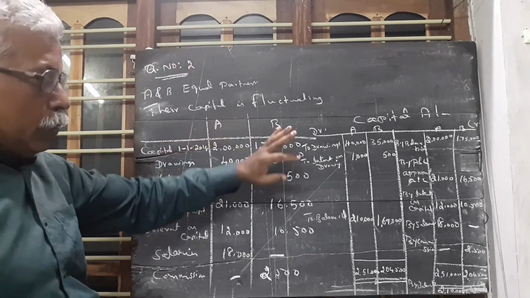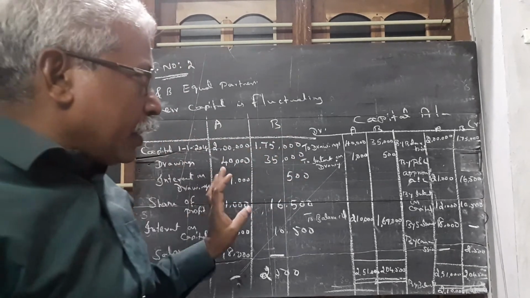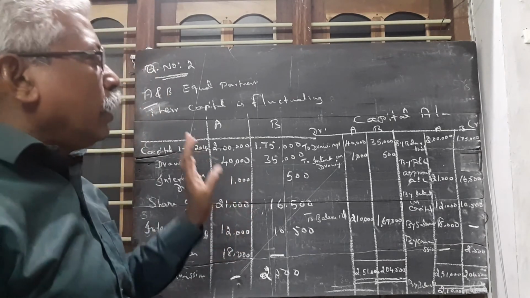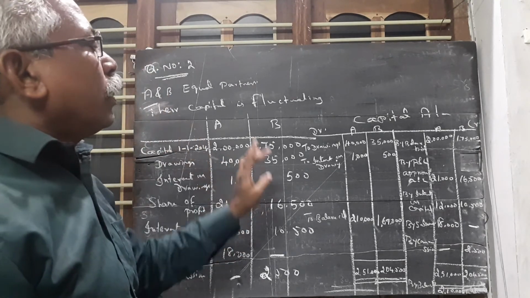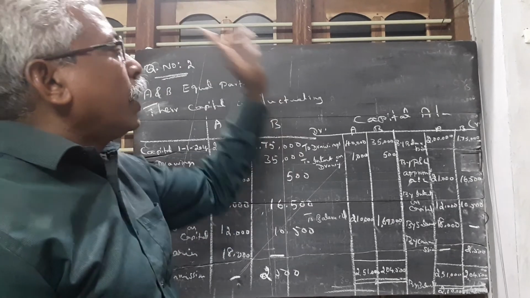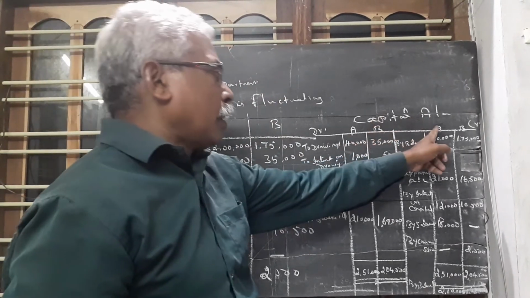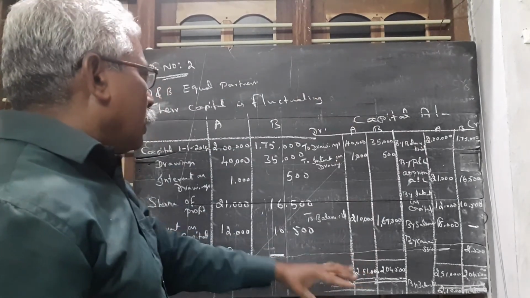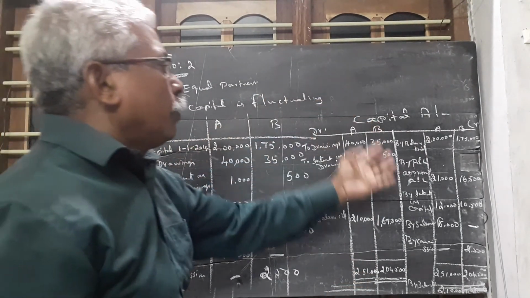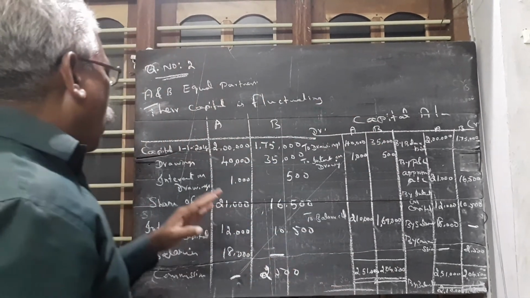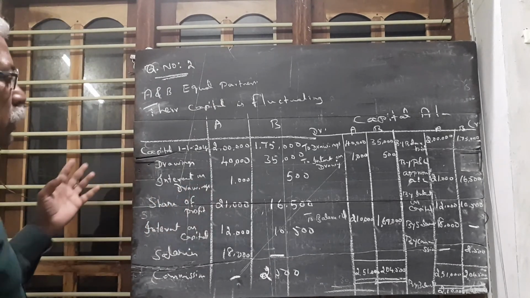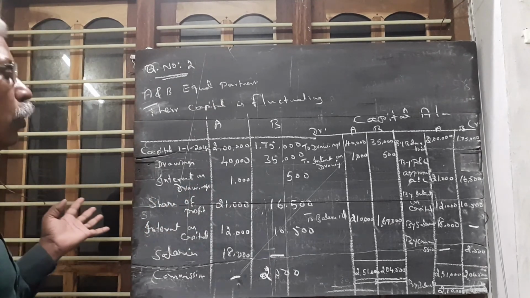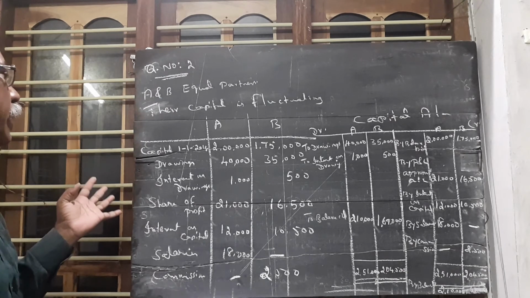Capital is fluctuating. If the capital is fluctuating, we have to open only one account, that is called the capital account. In the capital account, all the information given in the question is recorded one by one. If there is any loan account, that amount is not at all entered.